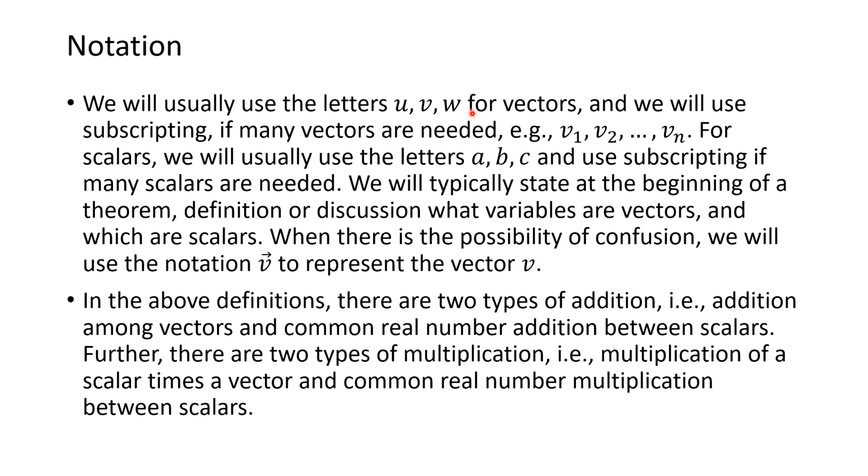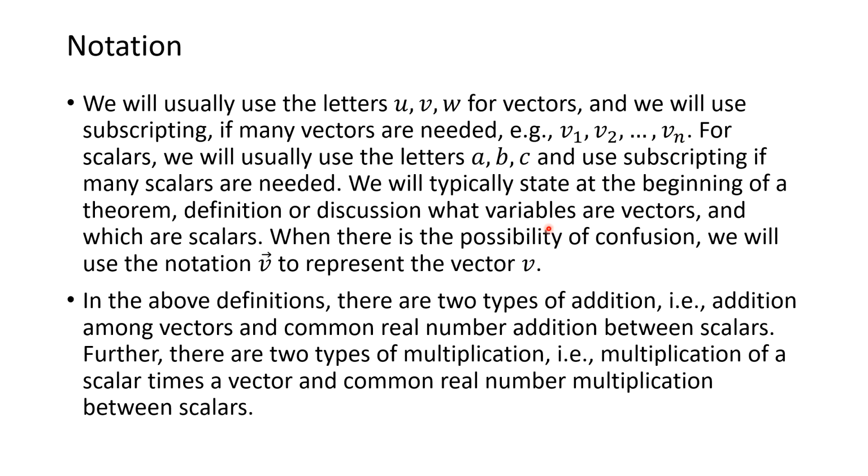And if you have more than 3, then I started using subscripting. So you see here V sub 1, V sub 2, V sub n. And then I tried to use the initial letters of the alphabet, A, B, and C, for scalars. And again, if we had more than 3, then I might use subscripting, like A sub 1, A sub 2, all the way up to A sub n.